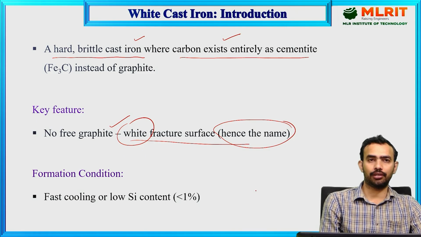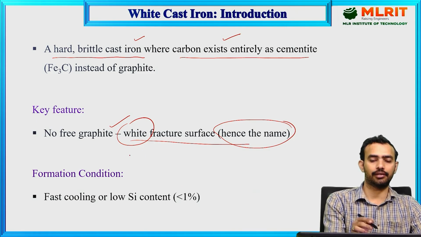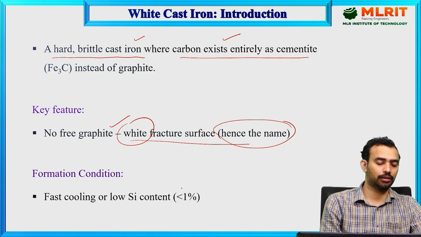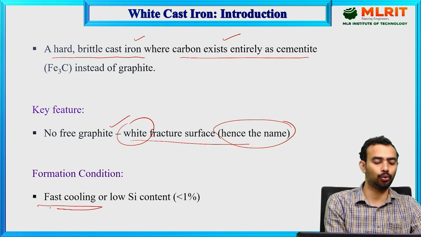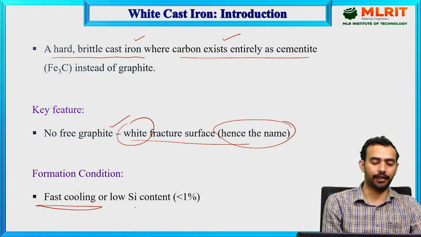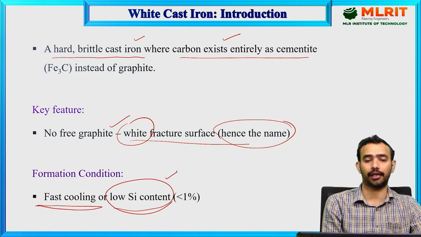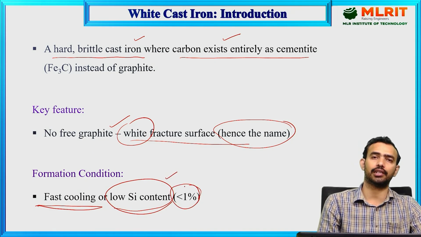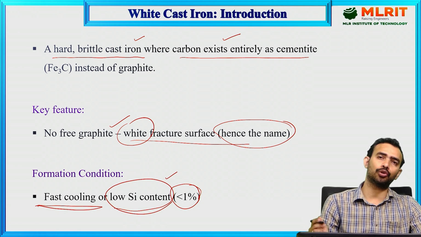What is the formation condition? When can this cast iron be formed? When they are cooled very fast, and also when you have very low silicon content, which is less than 1%. In the previous cases, we have seen silicon ranging from almost 1 to 2.8%, right?